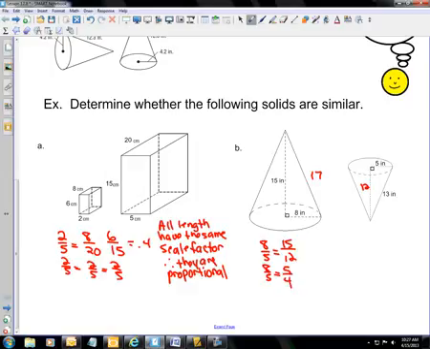So we would say the lengths are not proportional. Therefore, cones are not similar.